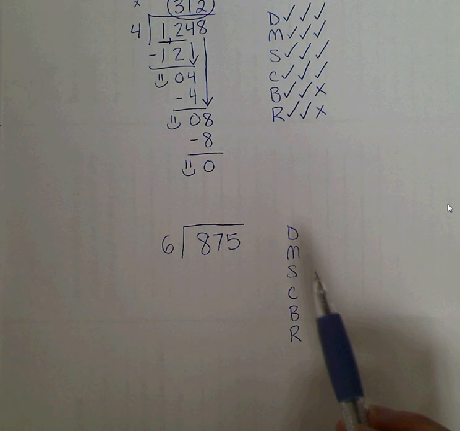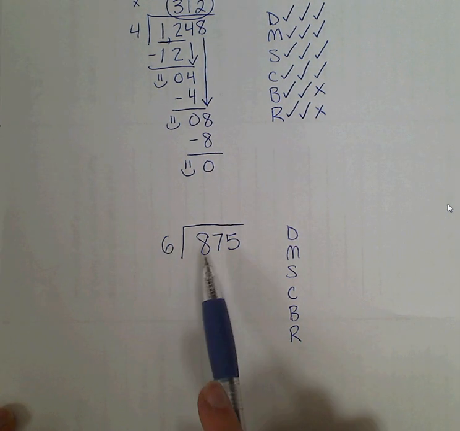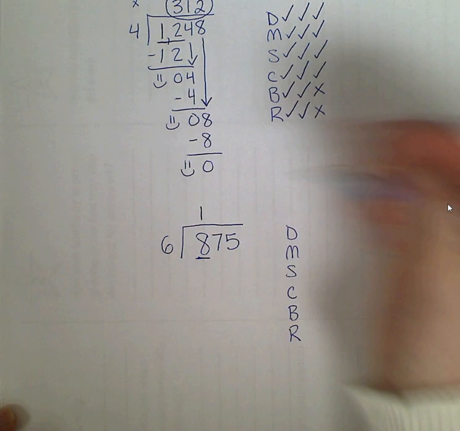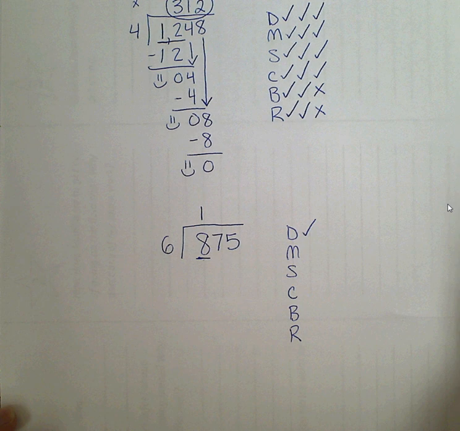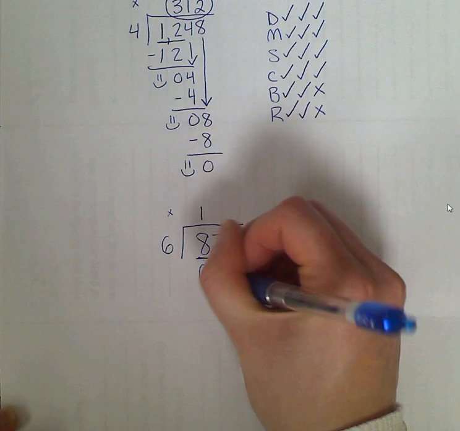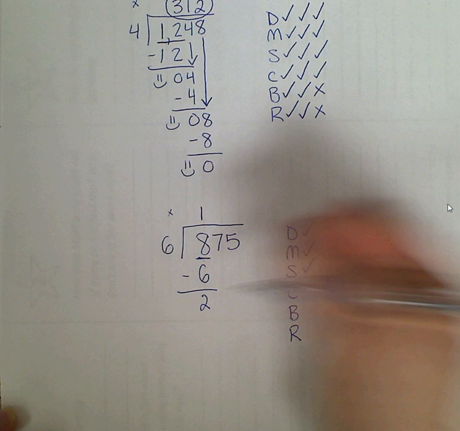So again, my first step is going to be to divide. How many times can 6 go into 8? Well, it can only go in one time because 6 is very close to 8, which means 1 times 6 is 6. And when I subtract, I will be left with 2.